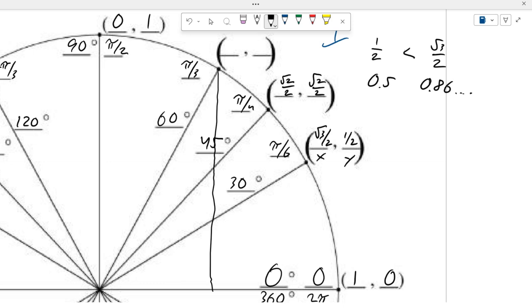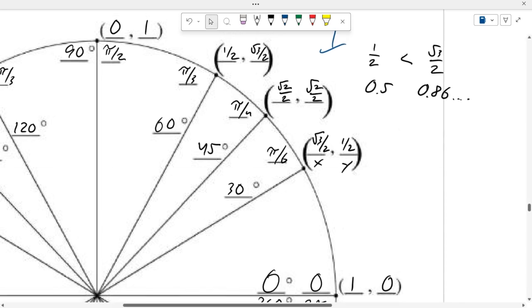I'll try to get better at that. But this triangle is a skinny, tall triangle, okay? This is my x value, this is my y value. Clearly the y value is the larger value, okay? So it's skinny, so the x value is the smaller number, and it's tall, so the y value is the larger value. So that's how we know how to fill that in.